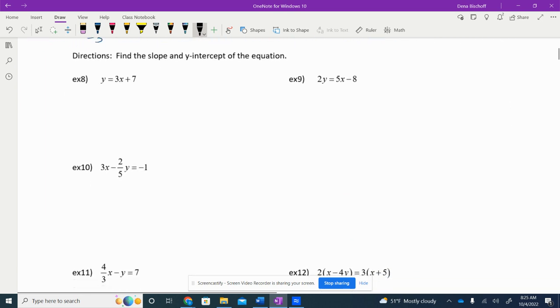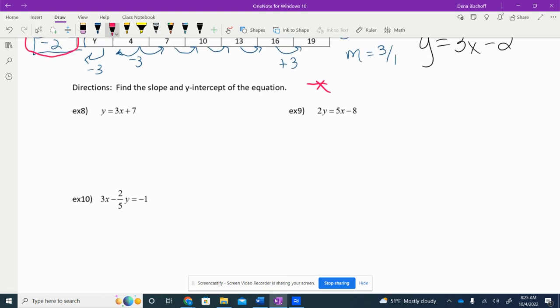Good, okay. So now we're just going to look at an equation and find the y-intercept and the slope of the equation. But here's the important thing about that. We have to make sure that our equation is written in this form. If it's not written in y equals mx plus b, then it's going to be hard to do that, okay?